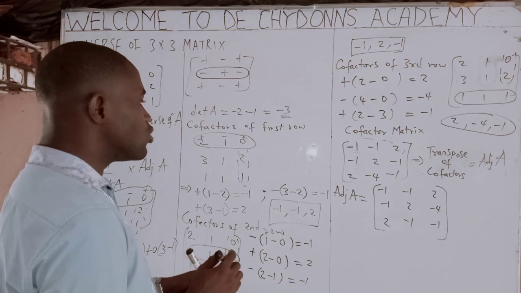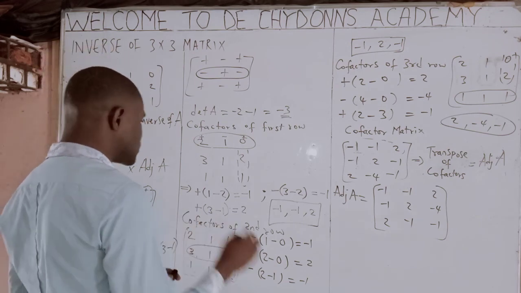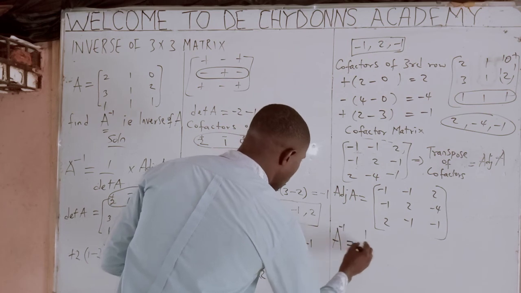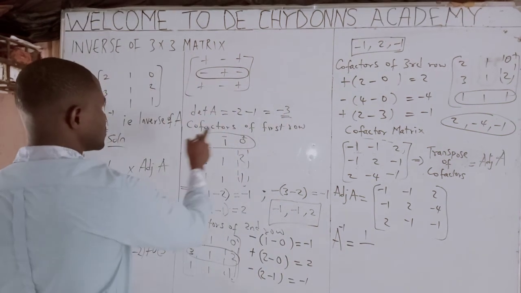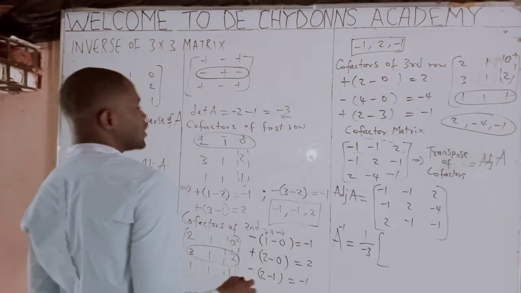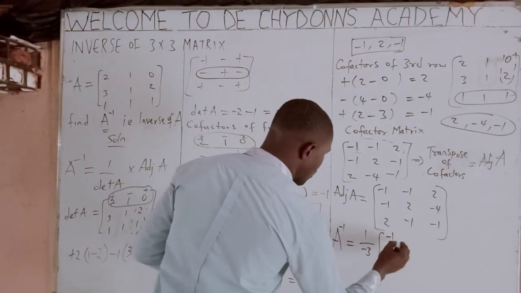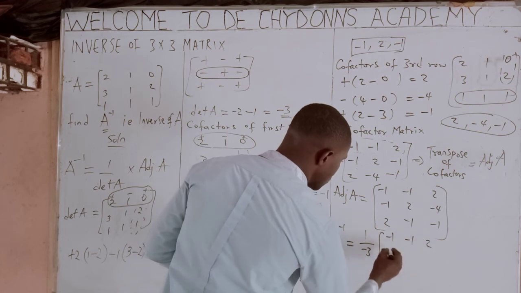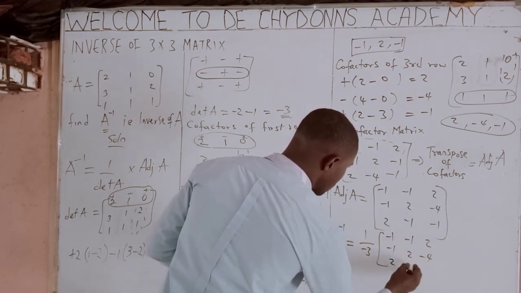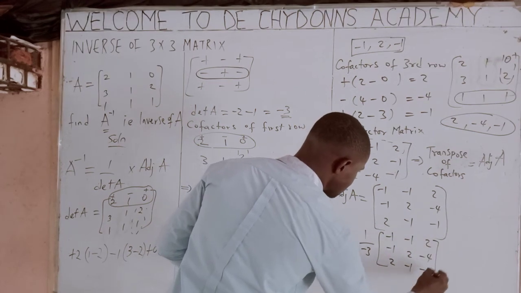Then what you do finally is that you say A inverse equals 1 over the determinant. The determinant is minus 3, times the adjoint of the matrix: minus 1, minus 1, 2, minus 1, 2, minus 4, 2, minus 1, minus 1.